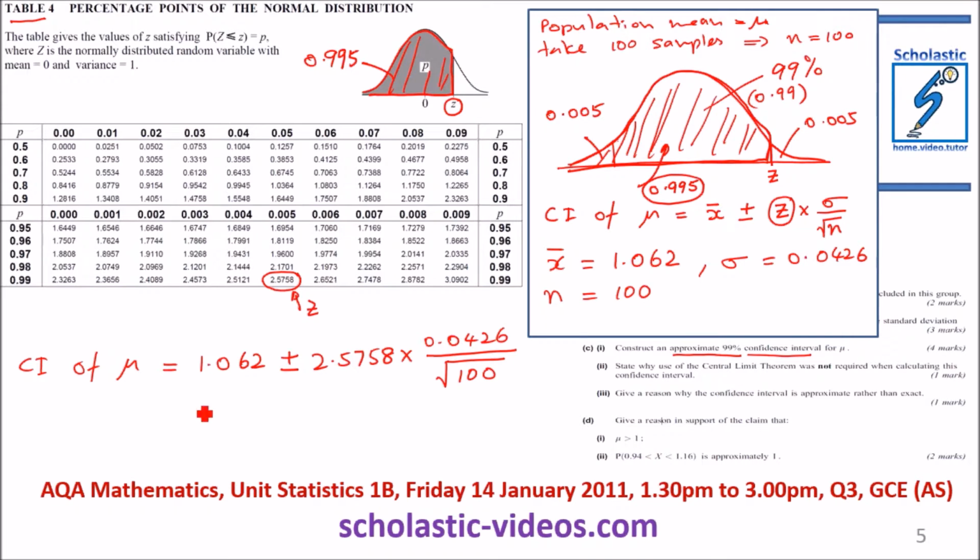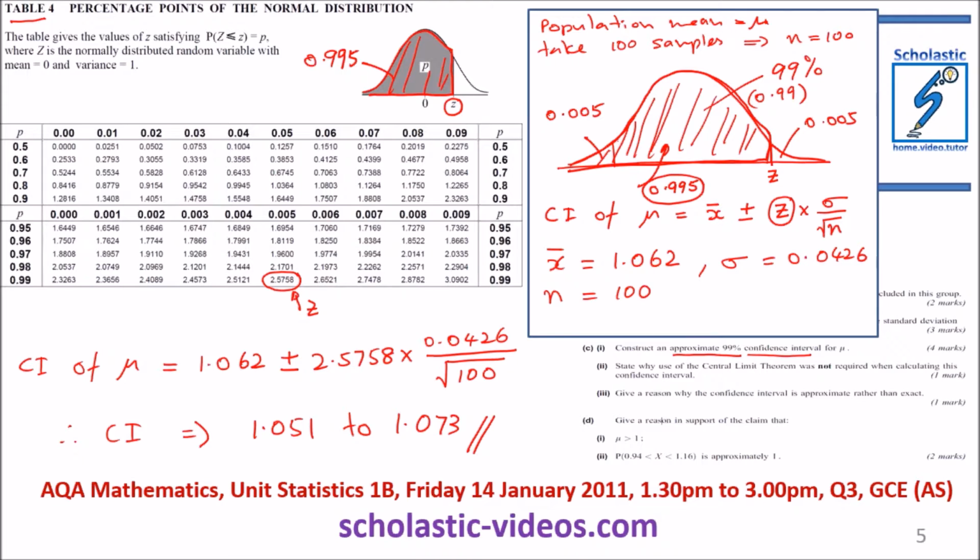So what we can do is simplify this and find out that the confidence interval is equal to 1.051 to 1.073. By using a calculator you can calculate these values.